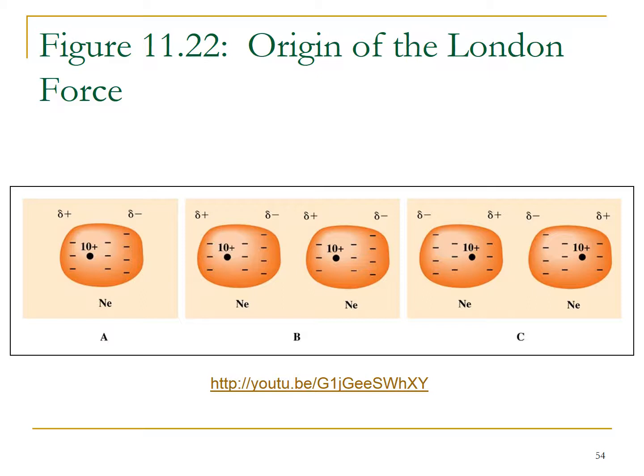And then the negative end of one will push away the electrons and create a positive charge. And you can see here that they kind of go back and forth because sometimes the negative end is on one side, sometimes it's on the other. Sometimes these are also called induced dipole, because if one is a little bit more negative, it will induce the next one to have a dipole, which will then induce the next atom to have a dipole, and down the line.